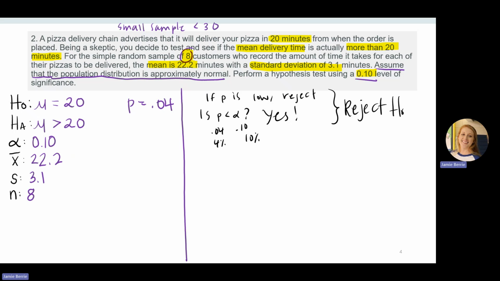All right, let's write our interpretation. Last time we said there is insufficient evidence.